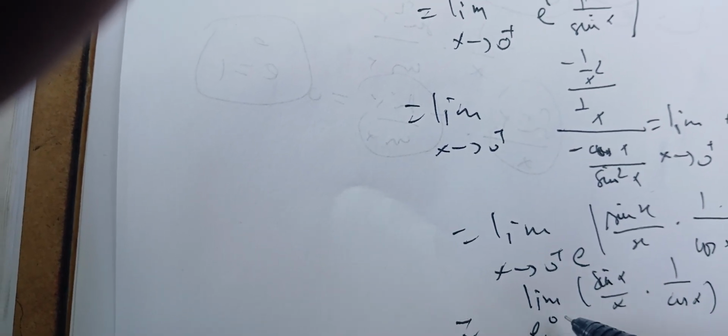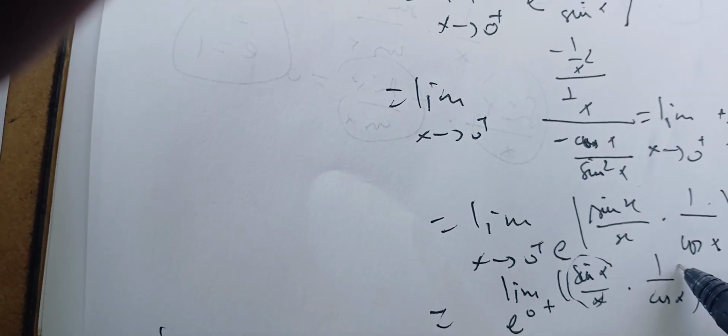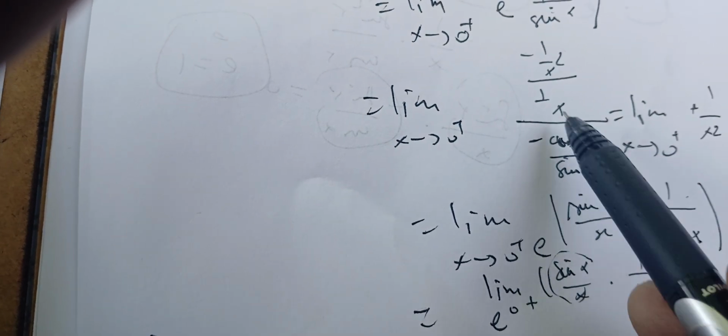So it's e to the limit of sine of x over x times 1 over cosine of x as x goes to 0 plus. Let me see, did I miss anything?